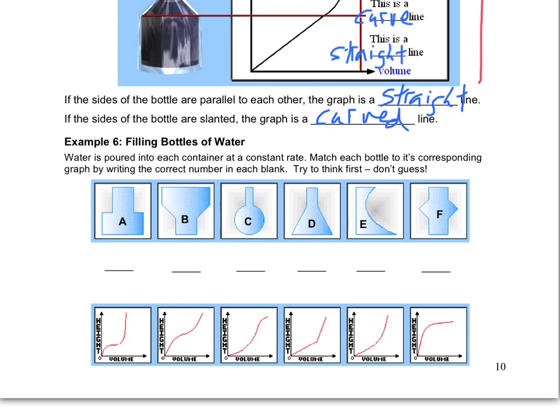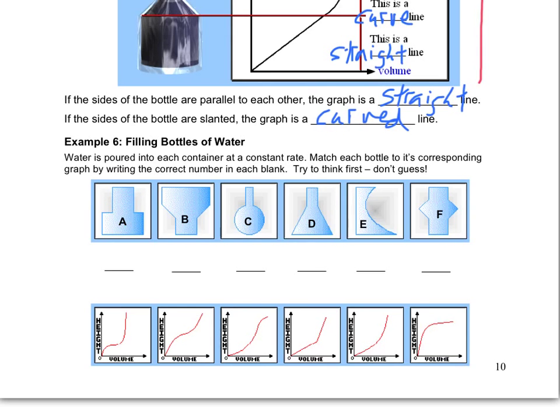Now what we're looking for in the bottom is a vessel like A, where you've got the bottom portion with parallel sides but wide, and the top section with parallel sides but narrower.